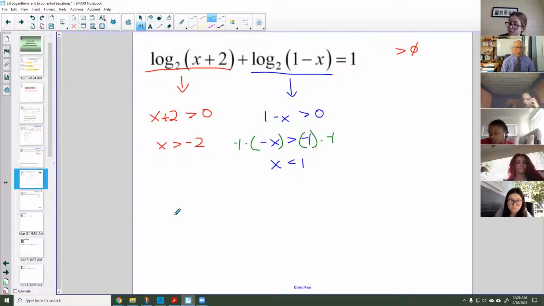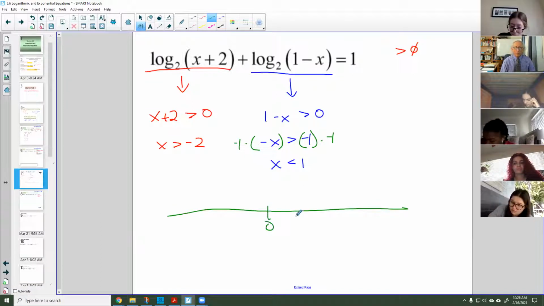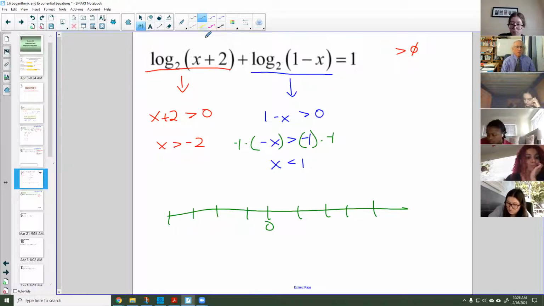I'm going to make a number line. We like number lines. 0, 1, 2, 3, 4, -1, -2, -3, -4. My first logarithm says that x has to be greater than -2.